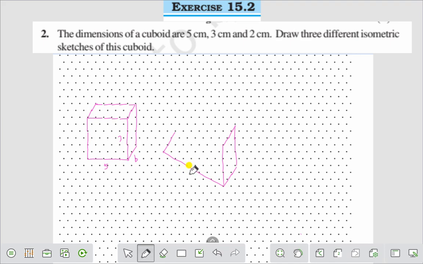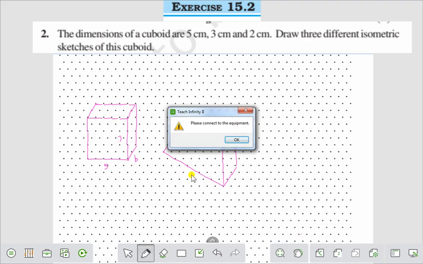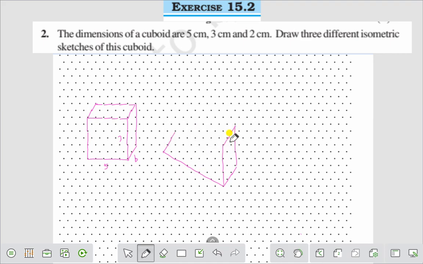And this one is 1, 2, this unit is the height is 3 unit again, 1, 2 and 3, and this height is also 3 unit, 1, 2, 3, right?